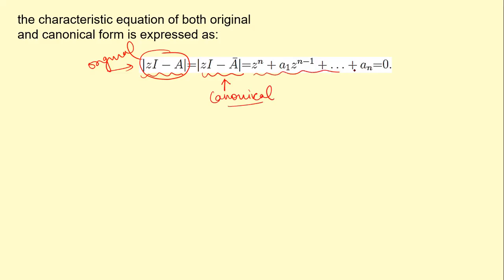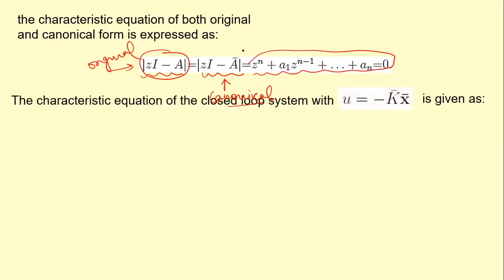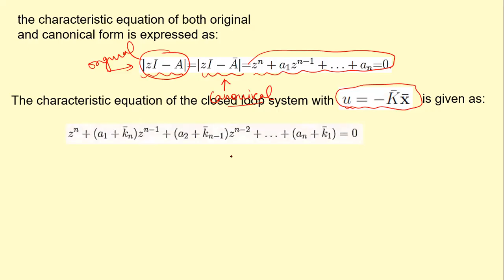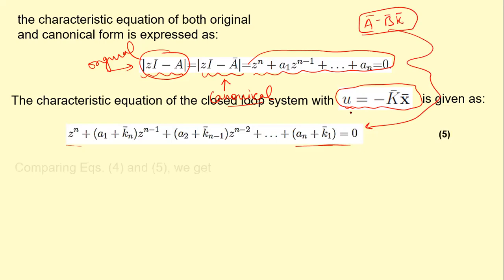So if we solve this, we will get this one, right? Now the characteristic equation of the closed loop system, if we take this as the control law, will be given by this equation here, right? This can be obtained by taking the A bar minus B bar k bar matrix, and we get this equation here. Now this is, let us say, equation number 5.